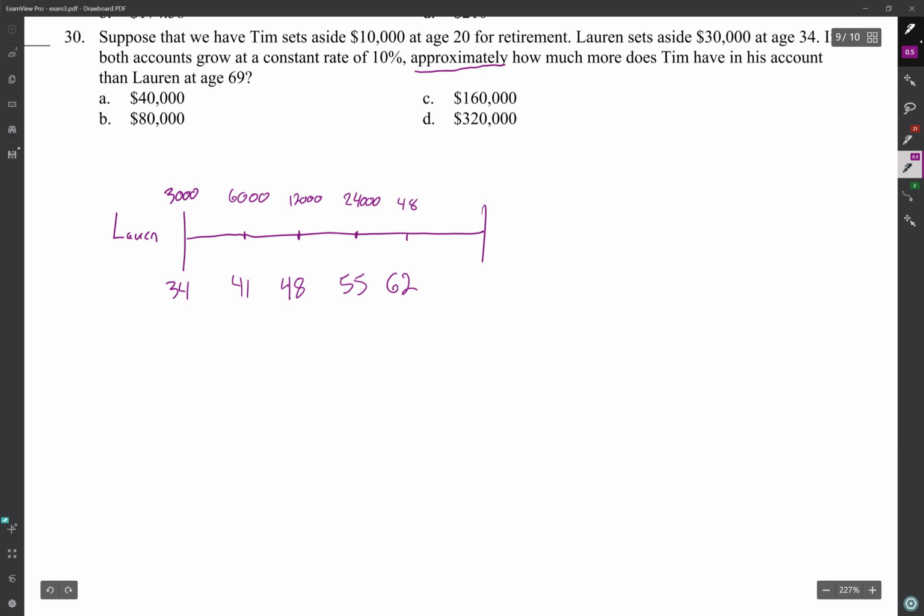And in another 7 years, that'll be 69, and so that'll be $960,000. Okay, so what about Tim?